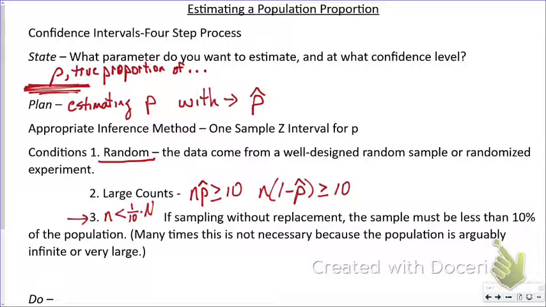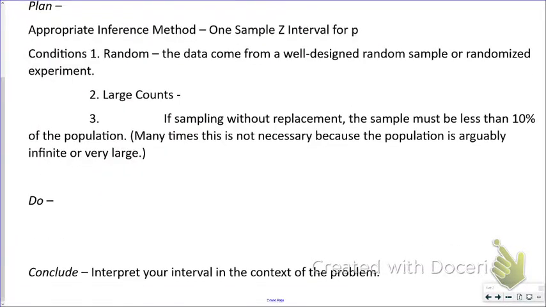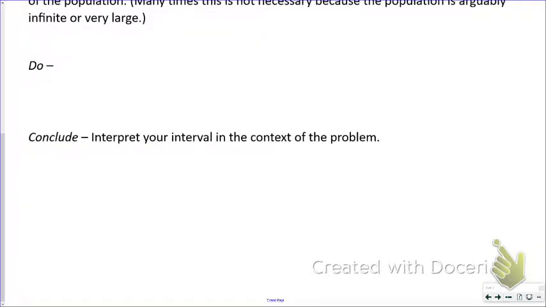Okay, moving on, the do step. This is where all the math happens. Your calculator will do most of it. On your formula sheet, it says this. This is all that's typed on your formula sheet.